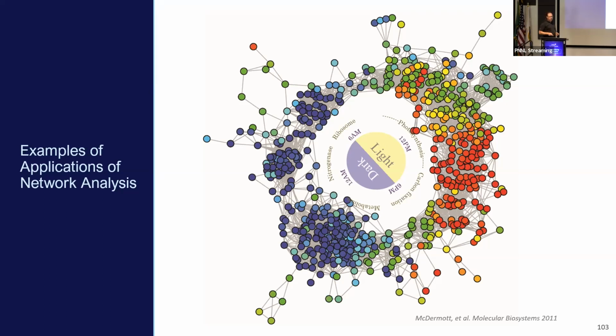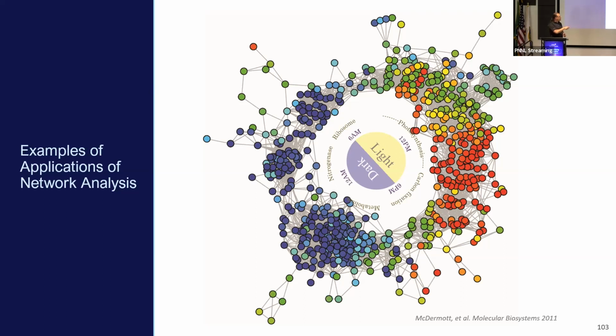And when you do pathway enrichment on sections, so basically what we did is we clustered these on the network into sections, and we did pathway enrichment, and not surprisingly, photosynthesis pathways come up here, but we also saw carbon fixation. This is a very high level summary. So we saw a lot of different functions in here that were interesting.